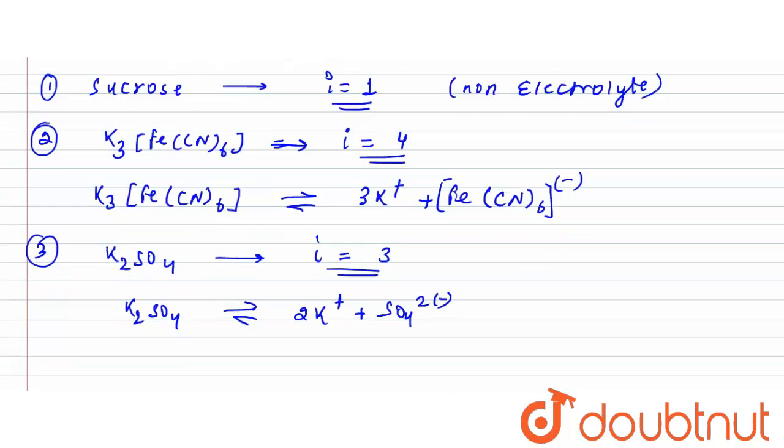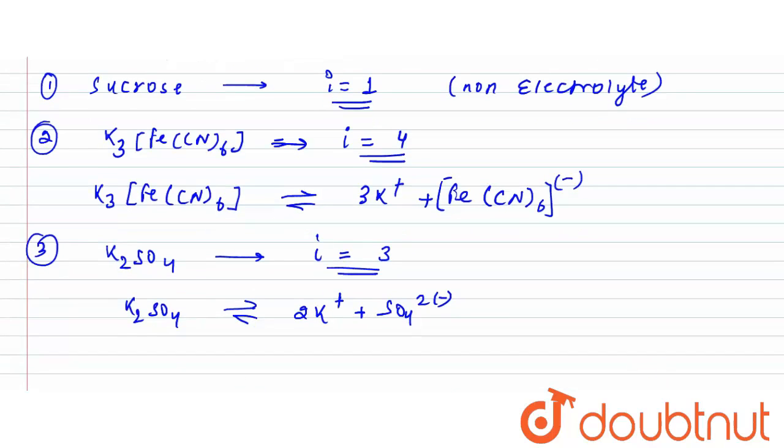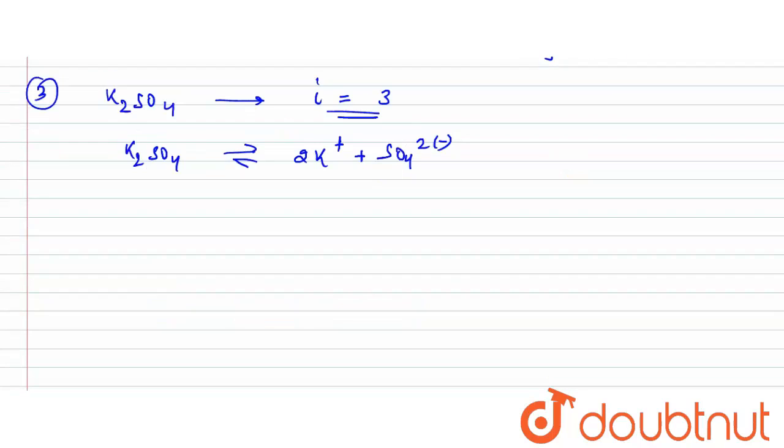So now let's arrange it in the order of relative lowering of vapor pressure. The maximum value of i will have the maximum lowering of vapor pressure.